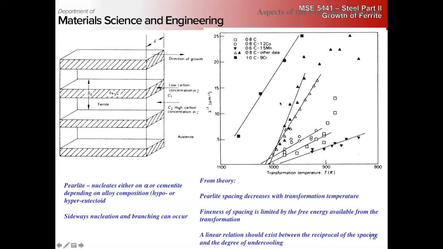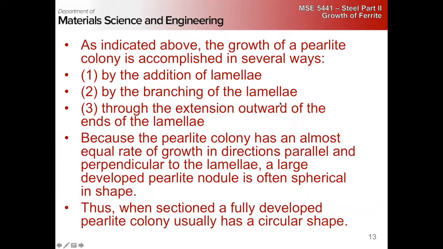Okay, so we can grow pearlite by either adding lamellae, branching lamellae, or the extension growth outwards from the end of the plate, right?